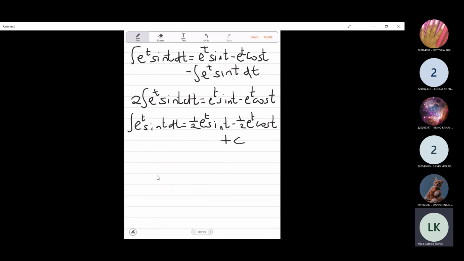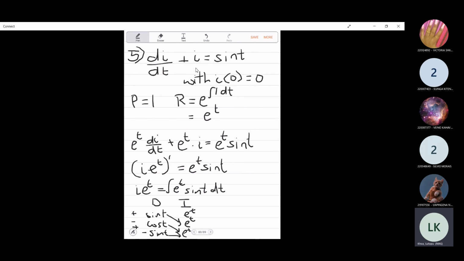So we have I times e to the power of t. This is equal to a half e to the power of t sine t minus a half e to the power of t cos t, and then we add our constant of integration. Then just remember that we were given initial conditions, so we're looking for a particular solution.